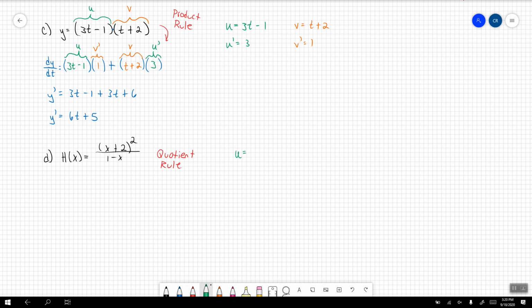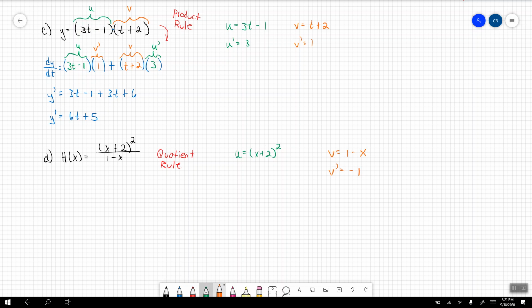So I'm going to select u to be my numerator. So u is going to be x plus 2 squared and v is going to be my denominator, where v is 1 minus x. So v prime is going to be negative 1.